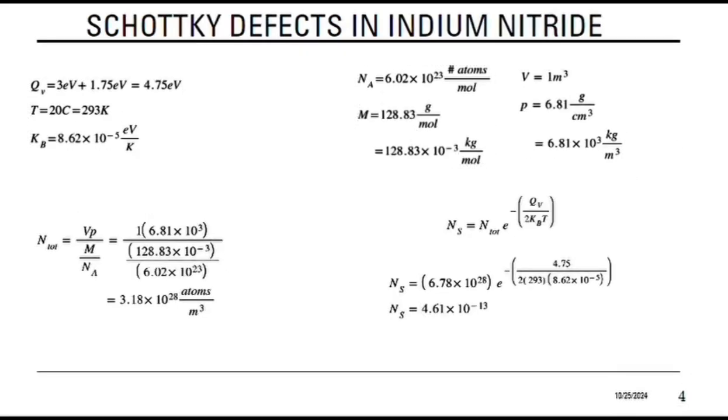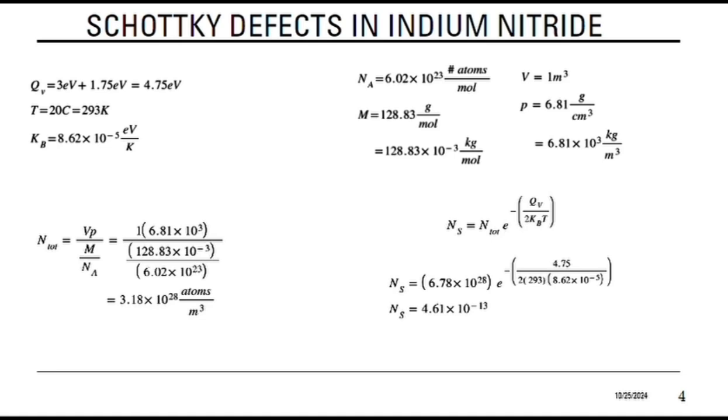Now we have Schottky defects in indium nitride. Now, QV is the energy required to create a Schottky defect, which is a type of vacancy where atoms leave their regular position in a crystal.